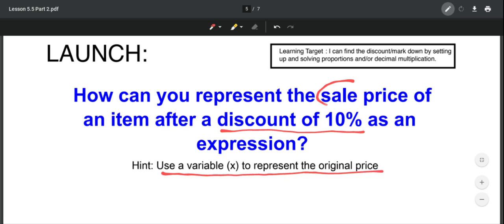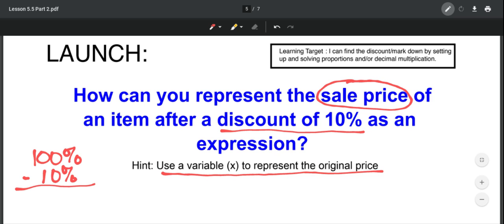If we wanted to know the sale price, or the amount we are paying after a discount, we will have to use subtraction to find the percentage that I'm paying. So if the original item costs 100%, and we are applying a 10% discount, that means we are paying 90% of the original price.